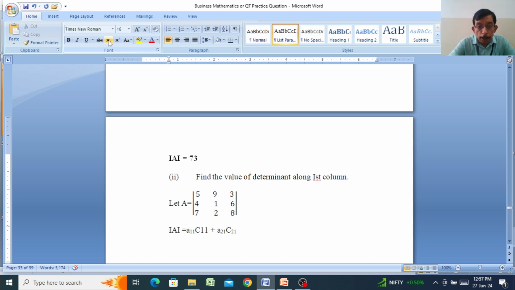The last element of the first column is A31. The row is 3, column is first, and the corresponding cofactor is C31. Is it clear, everyone?